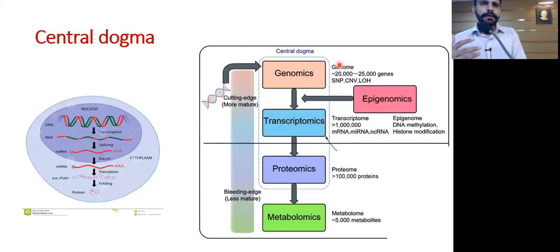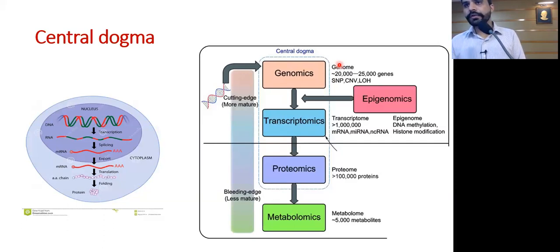So in this regard, central dogma is very important because if we want to decipher the biology of a cell from its genomic sequence, the flow of information is from DNA to RNA and then to protein.